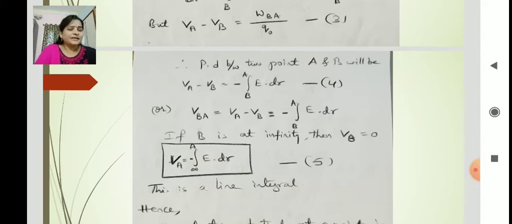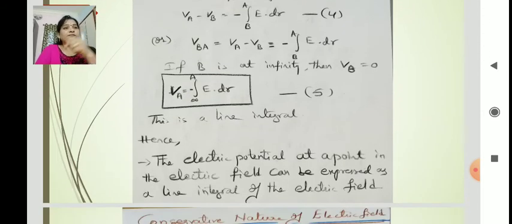If B is at infinite distance, then VB is equal to 0. The potential at infinity is treated to be 0. Therefore, the potential at point A will be equal to minus integral E dot dr. So we can say that the electric potential is the line integral of the electric field intensity.